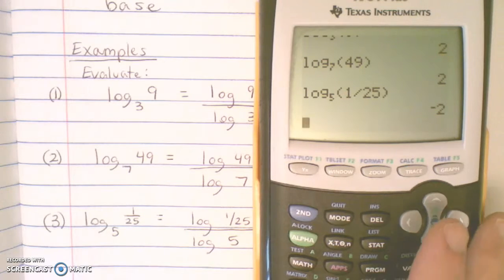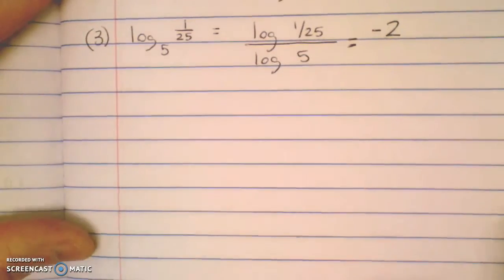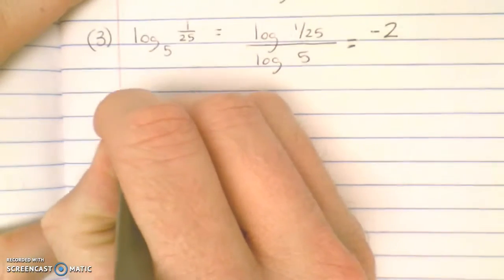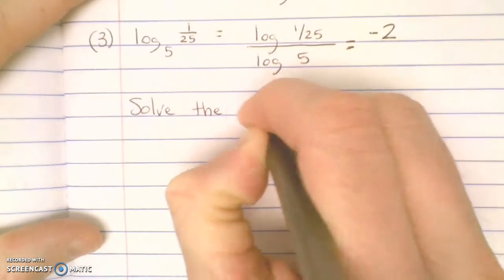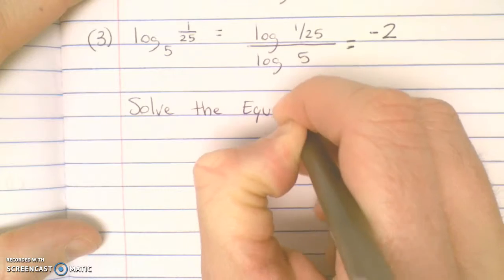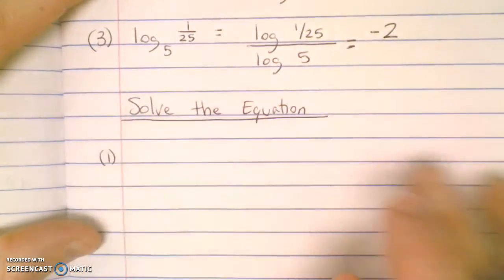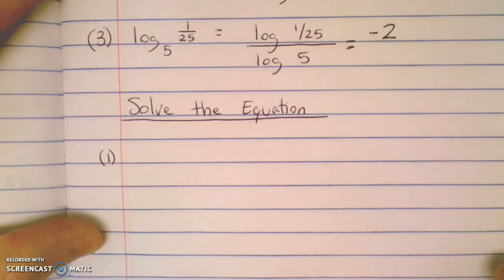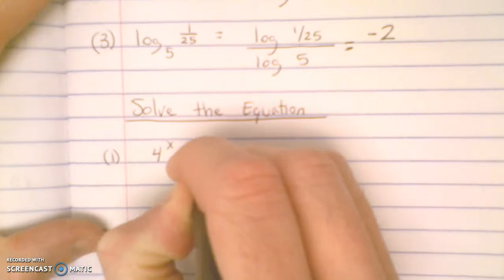We can now apply that information to solving. So we're going to try solving some equations. Okay, so for these examples, we're going to have to solve. So you're going to be given an equation, 4 to the x equals 64.